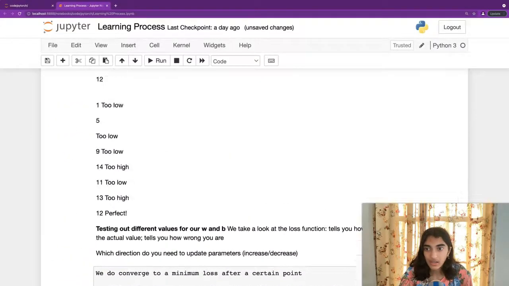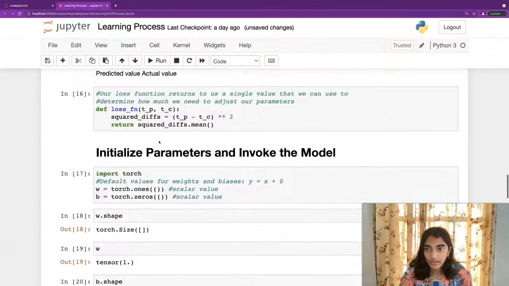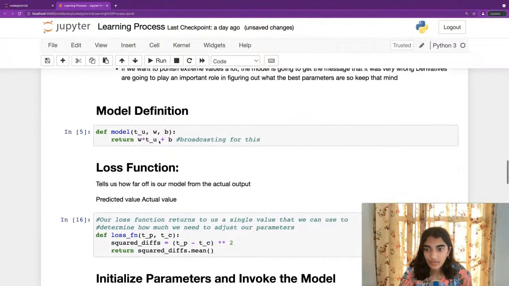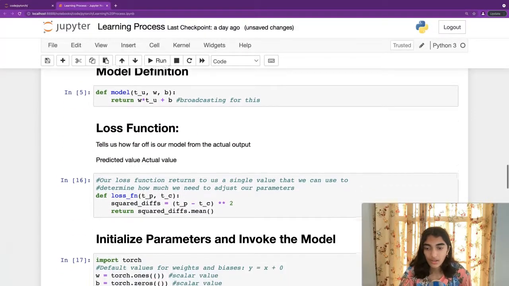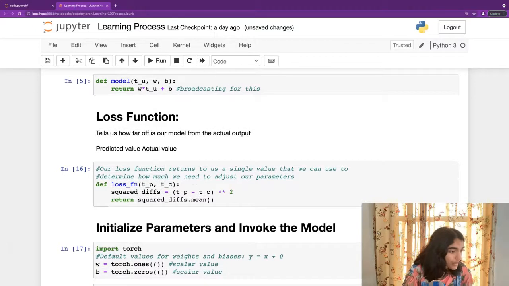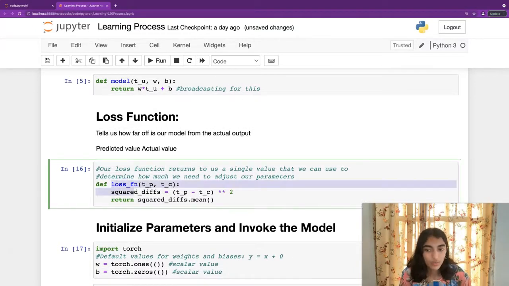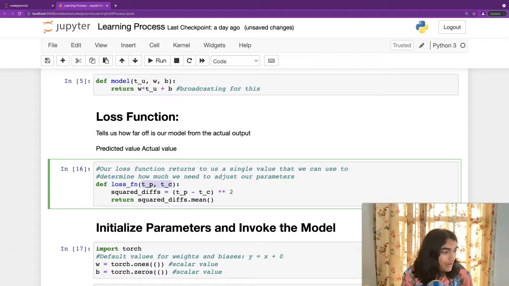We take a look here, where we define the loss function. We first need to take the derivative of the loss function with respect to its own inputs, which is TP and TC. Actually, it's not TC, it's TP.